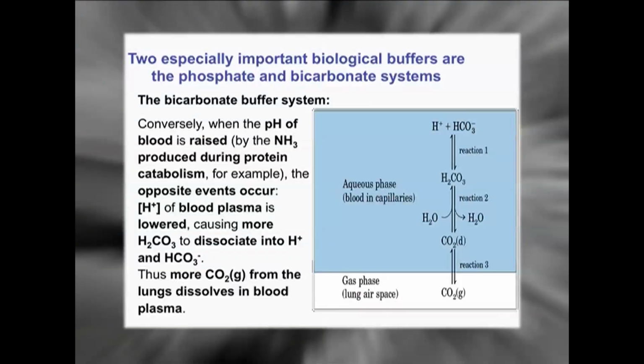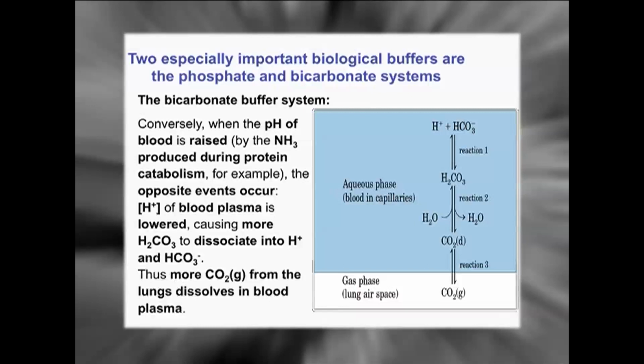On the other hand, there are some mechanisms that will increase the blood pH. That is, they will consume the protons in the blood and thereby increase the pH. For example, when proteins are catabolized, that generates ammonia, and this ammonia will consume the H plus from the blood, and thereby more carbonic acid will dissociate to regenerate the lost H plus and regain the blood pH.